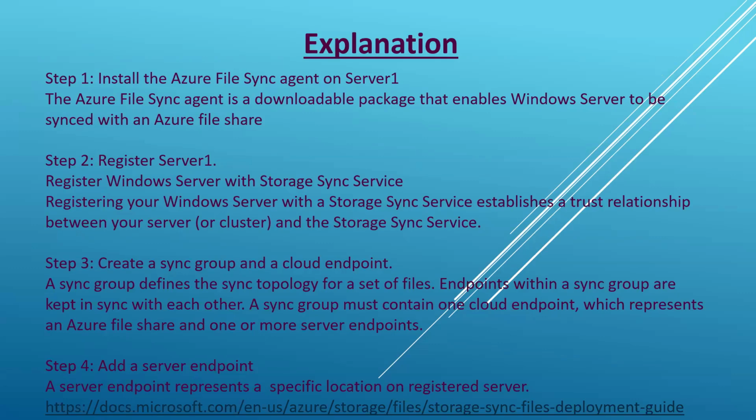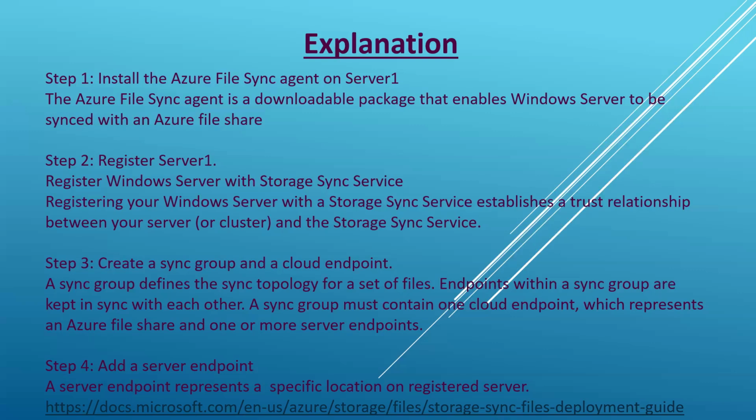Here we are talking about registering the on-premise server, which is a client in this case. Registering your Windows Server with a storage sync service establishes a trust relationship between your server and the storage sync service. Now, the next step is you'll create a sync group and a cloud endpoint. A sync group defines the sync topology for a set of files.